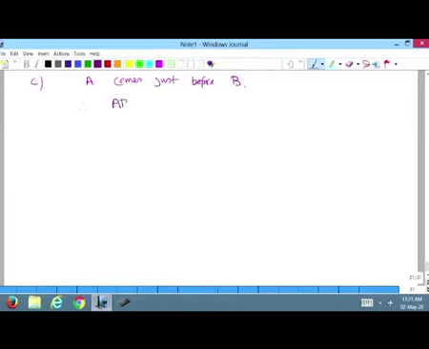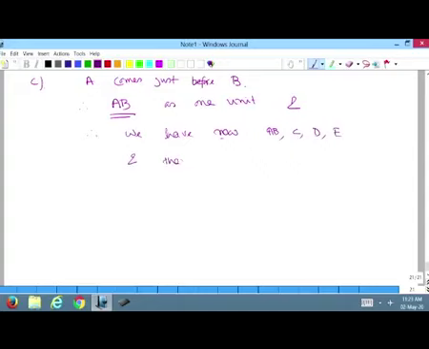We can keep AB as 1 unit, and therefore, we now have AB, C, D, E, and they can be arranged in factorial 4, which is equal to 24 ways.